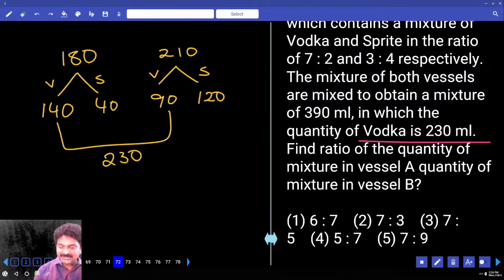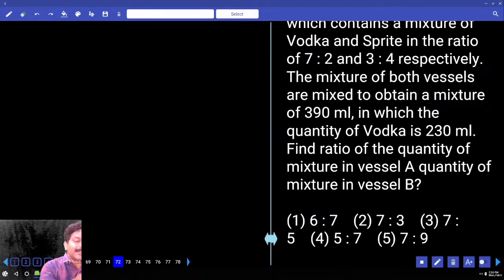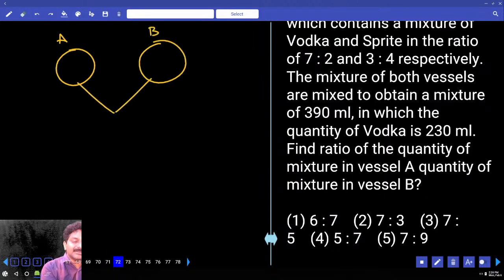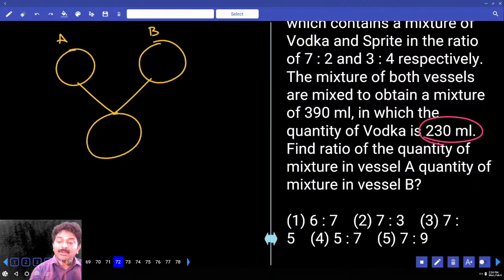Verification through options. If you want to calculate it, vessel A and then vessel B, both are mixed. And in the mixture, we have a vodka quantity which is equal to 230 ml out of 390. Then vodka quantity is 23 out of 39. 0 got cancelled. Yes.